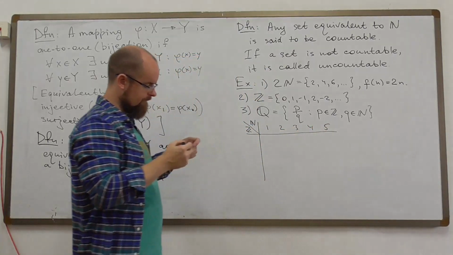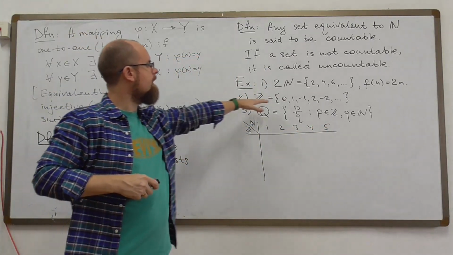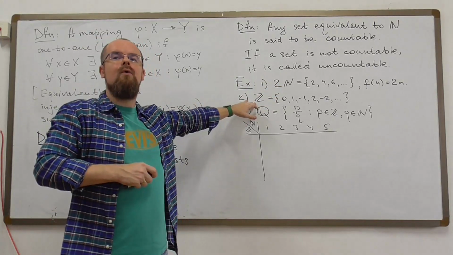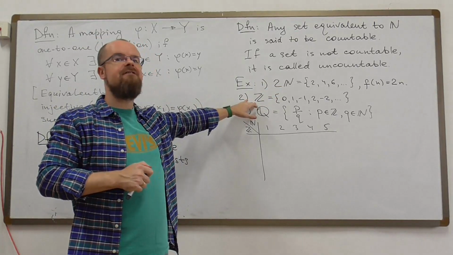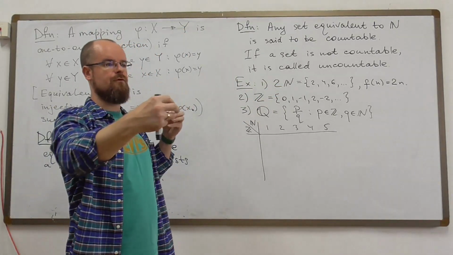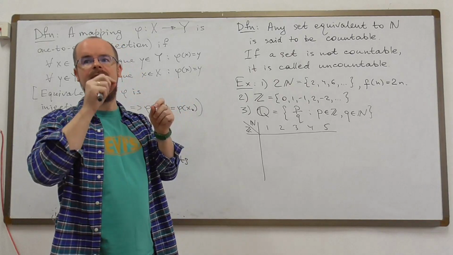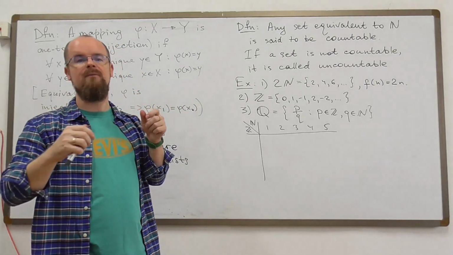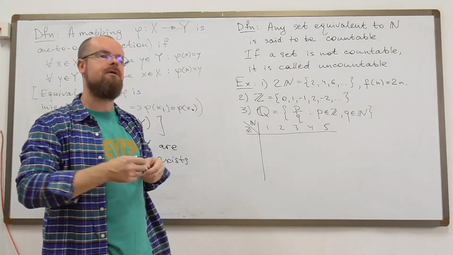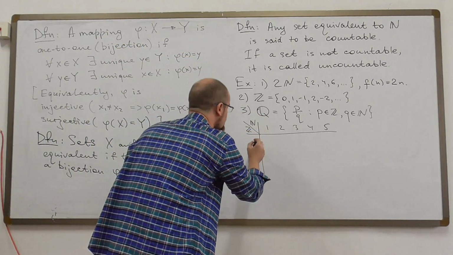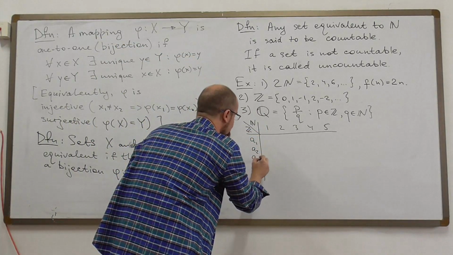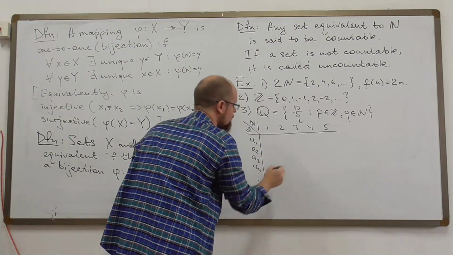And vertically, I will write down all the integers. From the previous example, we know that the set of integers is countable, which means that it can be written as a sequence. We do not care much about each particular value of elements in this sequence. We just want to know that it can be written as a sequence. So let me write it as A1, A2, A3, A4, and so on.